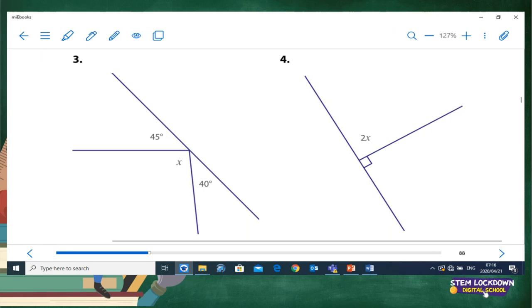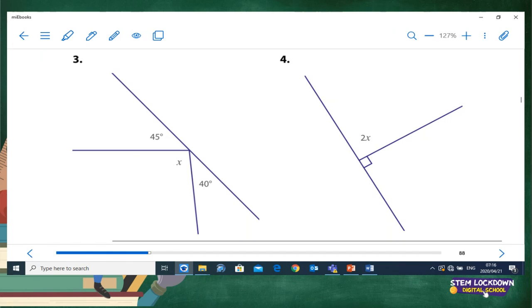To an extent that we know that these two also form 180. But if this angle here is 90 as reflected with the square, then 2x will also be 90 degrees. But what are we required to find? We are now required to find x and not necessarily 2x.